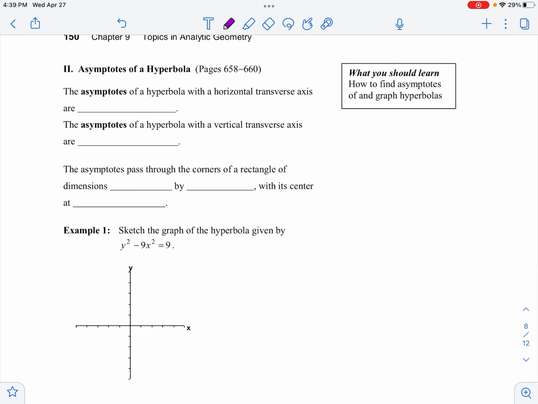Okay, so now the thing that's going to be super different from an ellipse is we have to calculate something called asymptotes of a hyperbola. And let me show you what that looks like right now.